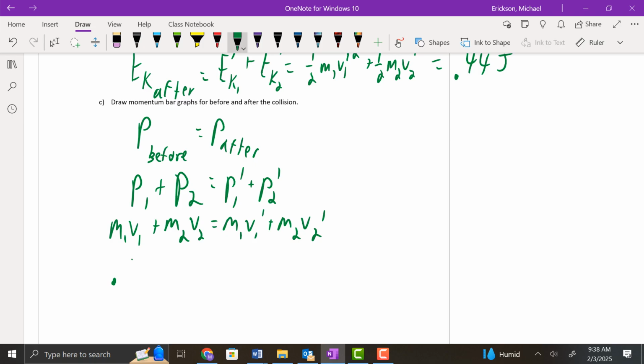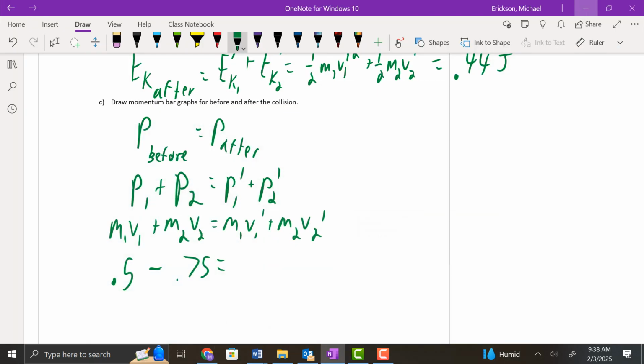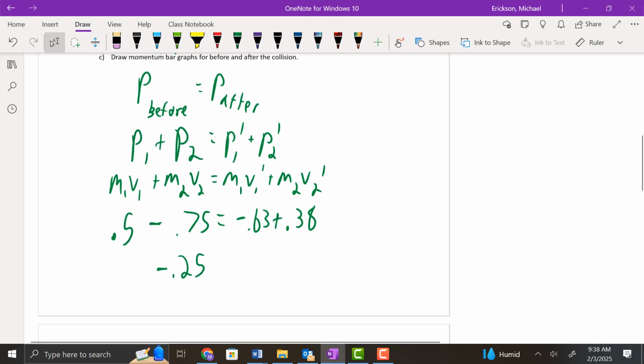So I have 0.5 minus 0.75 equal to, let's let them collide, and afterwards I get negative 0.63 and positive 0.38. If I combine all these, I get negative 0.25 as my overall system momentum.